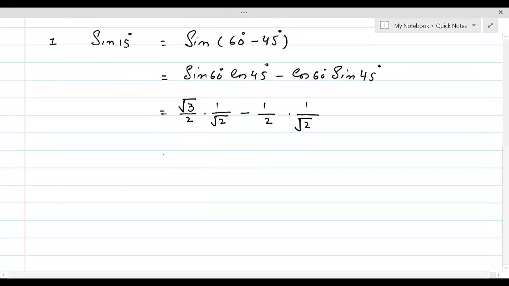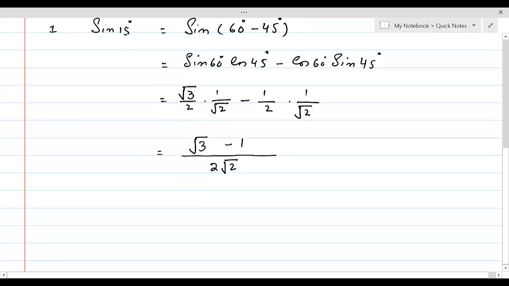So if we take the LCM for both of these fractions, that will be equal to 2 into root 2. For the first fraction we have root 3 in the numerator, and for the second fraction we have 1. So this is the value of sine 15 degrees.